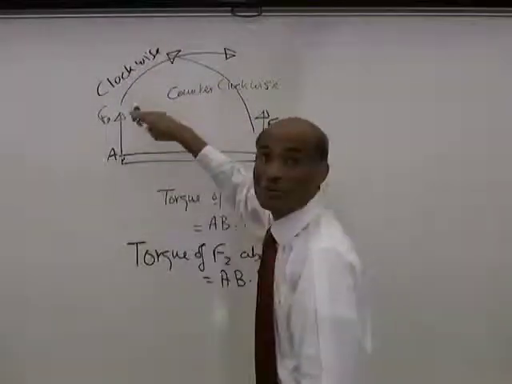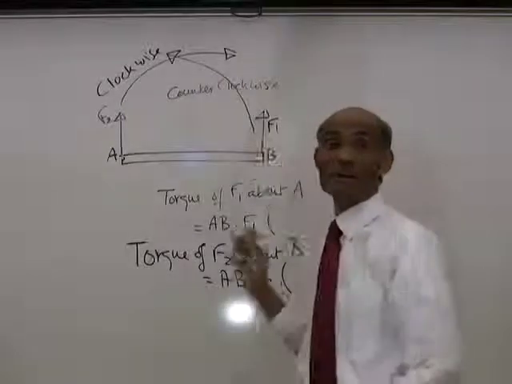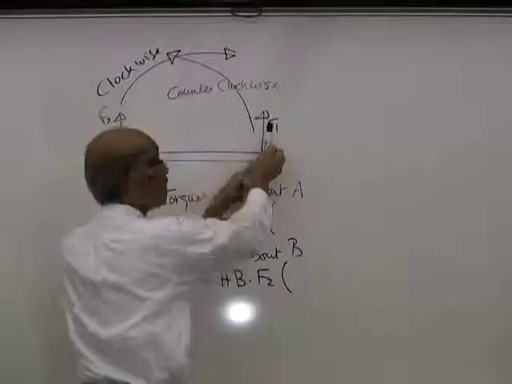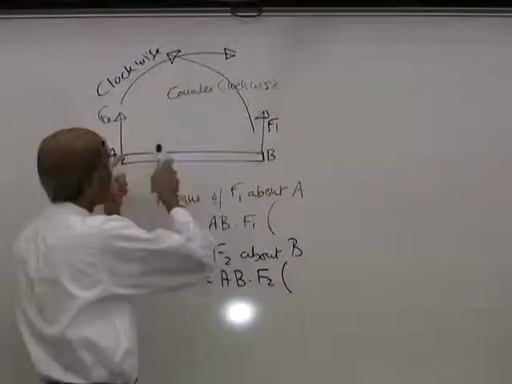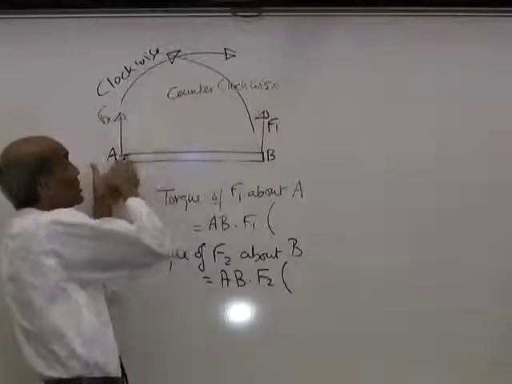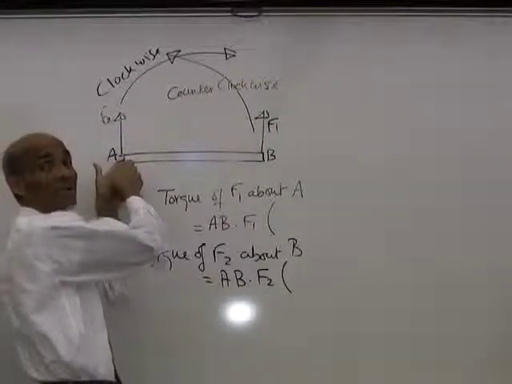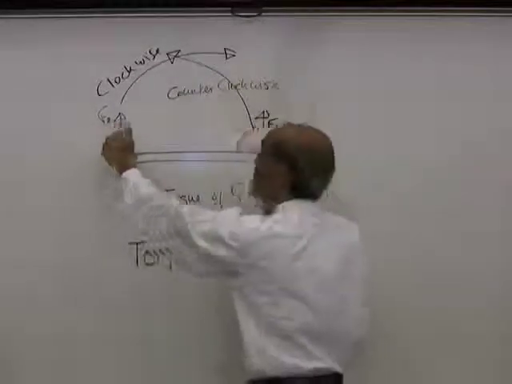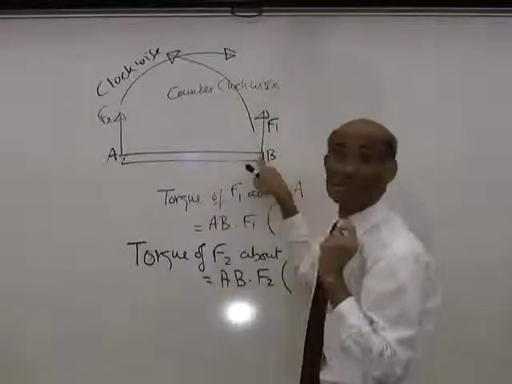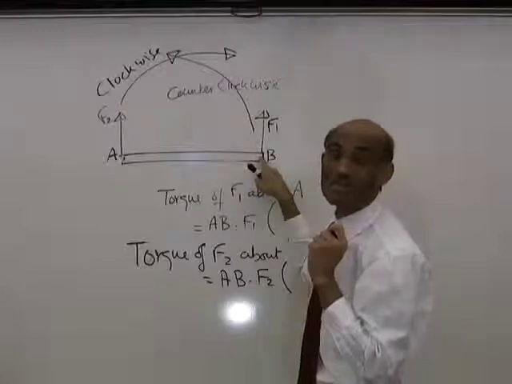That is the direction of motion of the hand of a clock. That means force F1 can produce a counterclockwise rotation about the point A, and force F2 can produce a clockwise rotation about the point B.